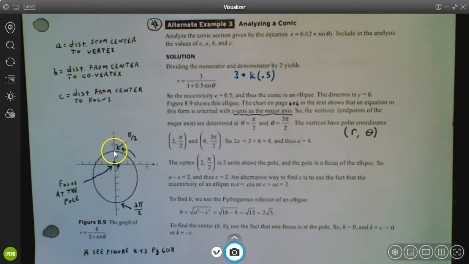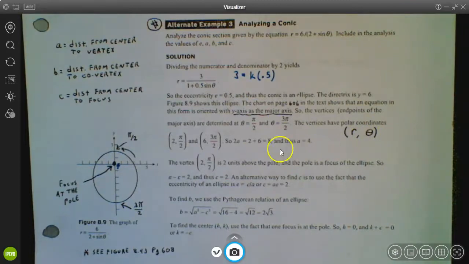On the unit circle, or any circle really, this is pi over 2, and down here the other one would be at 3 pi over 2. So that's where our two vertices would have to go. Think back to how we wrote an ordered pair in polar form. This was r, the radius, which is this guy, and this was the angle. It was like the y-coordinate.